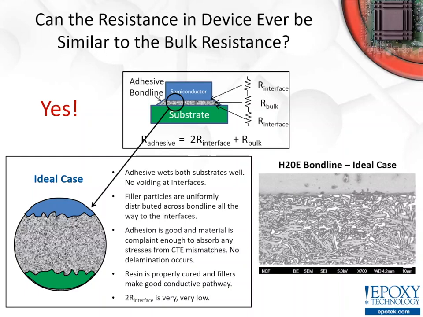In an ideal case, you have the silver very well wet to the semiconductor, no voiding within that region, good solid connection of the silver flakes directly to the semiconductor, a solid pathway for that heat to transfer down into the substrate, filler uniformly distributed through the bond line, good strong adhesion between the substrate and the semiconductor overall, and no large CTE mismatches that would cause delaminations to occur.